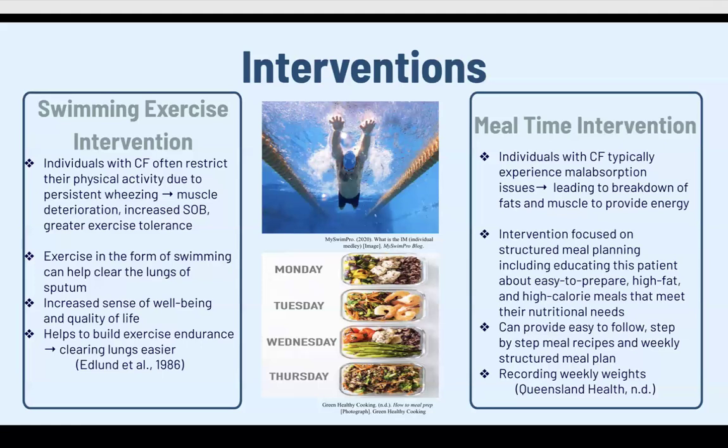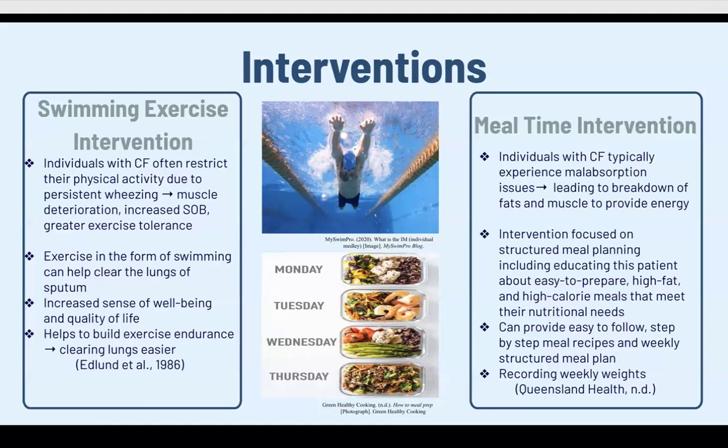And then in terms of intervention regarding mealtime, individuals with cystic fibrosis typically experience malabsorption issues, leading to breakdown of fats and muscle to provide energy instead. So an intervention in regards to mealtime could be focused on structured meal planning, and this can include educating the patient as well about easy to prepare, high fat and high calorie meals that can meet their nutritional needs.